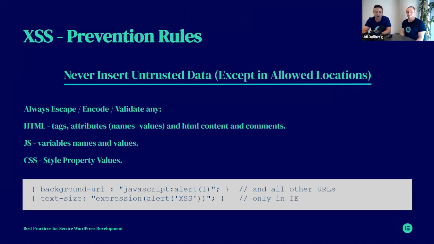It means that even if you do know where the code is coming from, always sanitize, escape, encode, and validate that it's valid and it should be there. If it's HTML, make sure the tags and the attributes, both attribute names and values, are escaped, and the content of the HTML, the inner text of the HTML tag, is also valid.